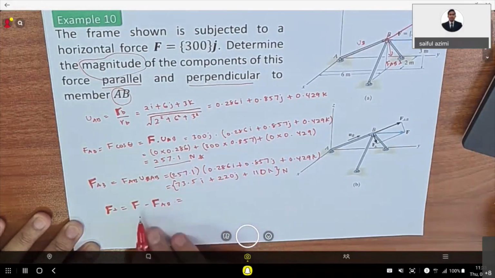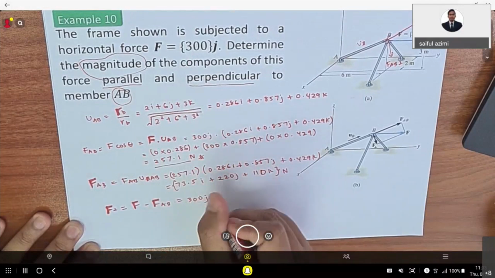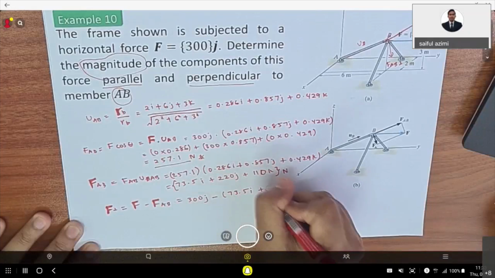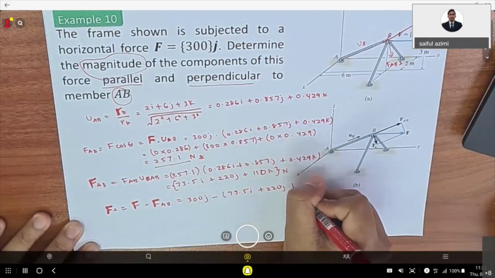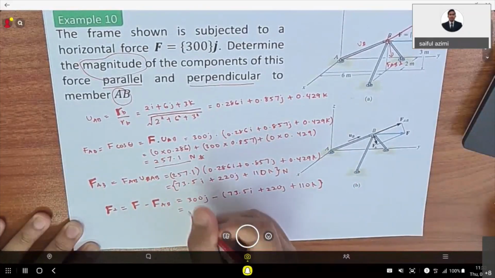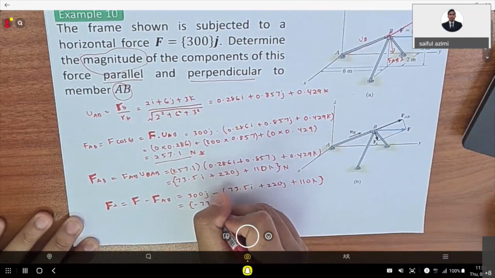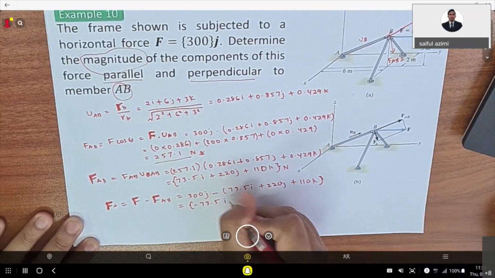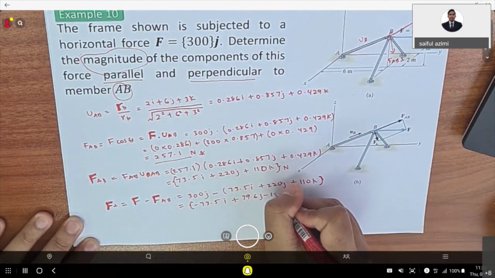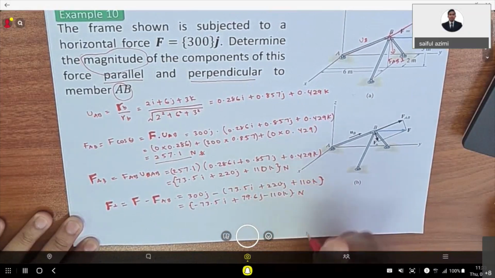Equals F, you already got here 300j minus 73.5i plus 220j plus 110k. Right, and then you will get the answer of negative 73.5i plus 79.6j minus 110k. So the unit is Newton, right?